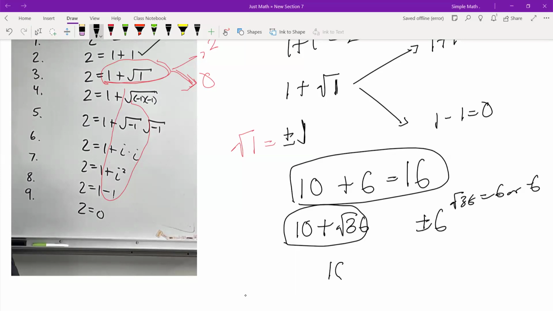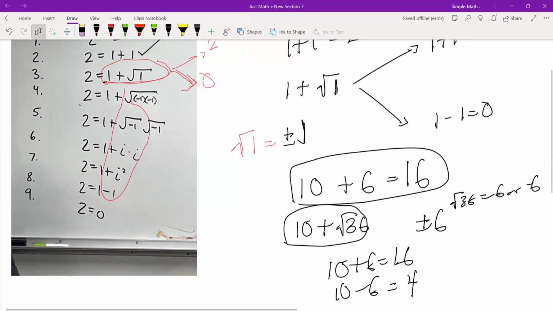So it could be 10 plus 6, which is 16, and also 10 minus 6, which is 4. So the problem actually begins when this person simply says 2 is equal to 1 plus root 1. For this to be true, it means that the root 1 you're looking for is just positive 1.